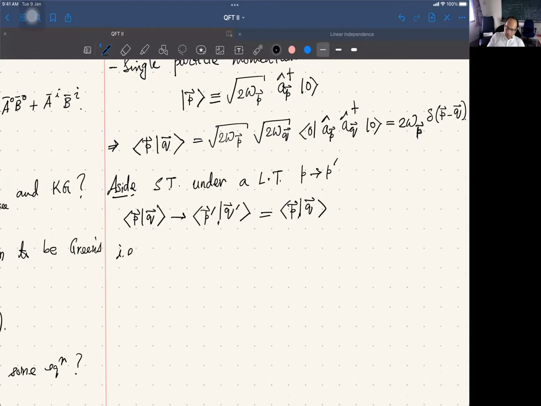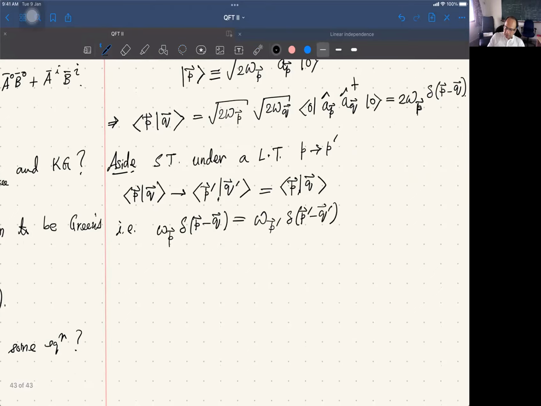In other words, omega p delta p minus q is equal to omega p prime delta p prime minus q prime. You can see for example Peskin and Schroeder. There's a discussion on this. Okay.